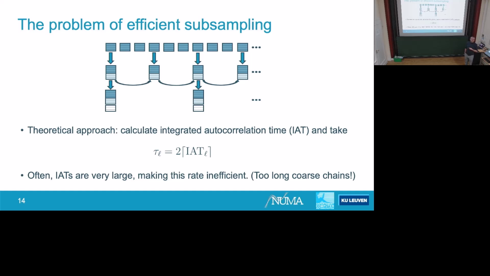And then we look at the subsampling rate, which tells us how many samples we need at the coarse level for one sample at the fine level. So one way to know how many samples we need at the coarsest level is by just saying factor 2 or factor 4 all the way up.